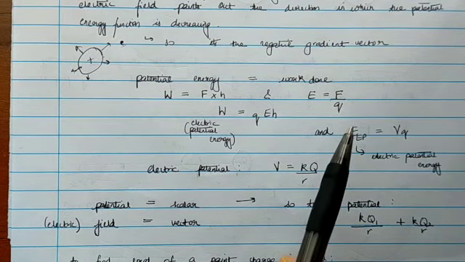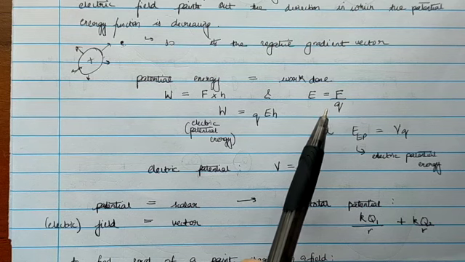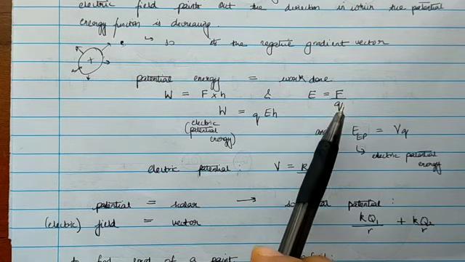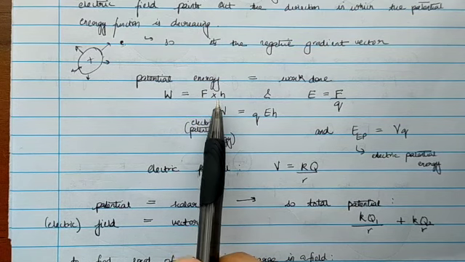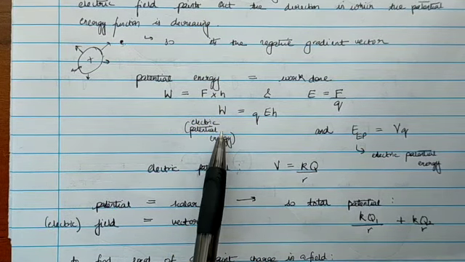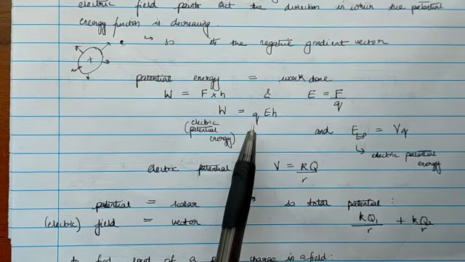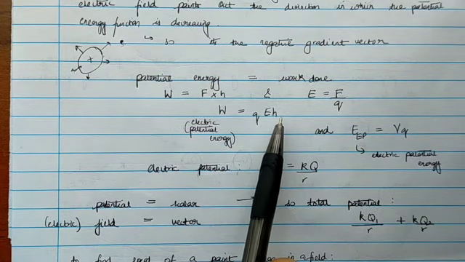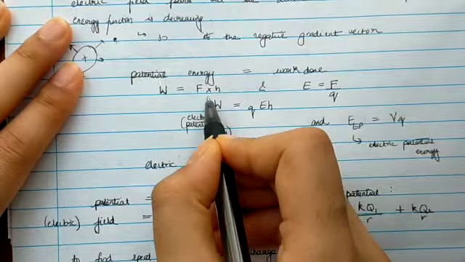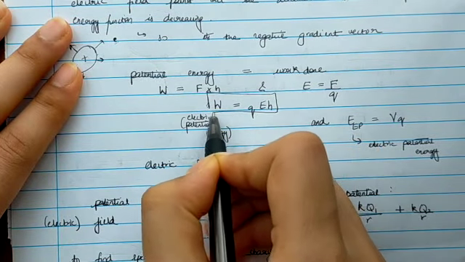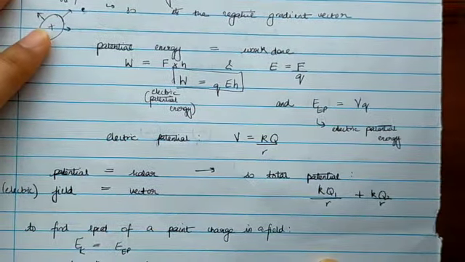If we rearrange this for F, we get QE, so we can substitute this F into this F, and the electric potential energy, or work done, equals QEh. This is an important equation that we should remember, which is used often in calculations.